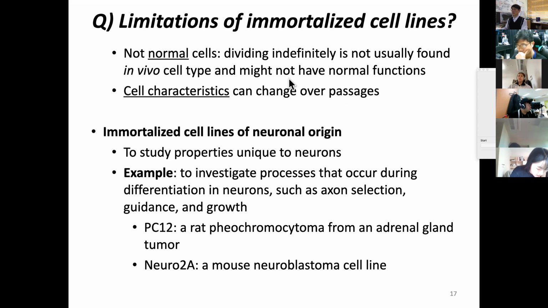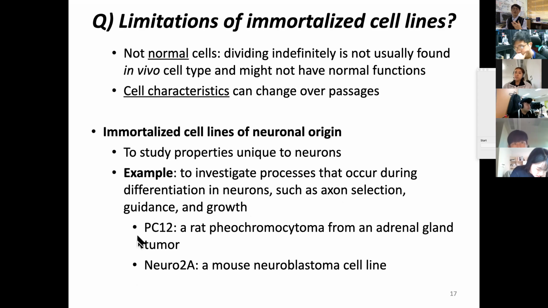So that's something you have to remember. Immortal cell lines of neuronal origin, not a lot, to study properties unique to neurons. For example, to investigate processes that occur during differentiation in neurons, such as axon selection, axonal guidance, and growth.